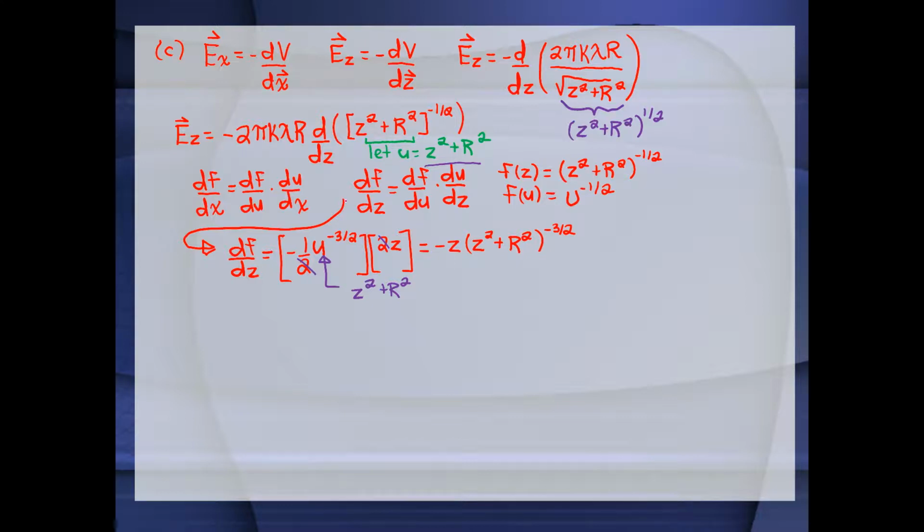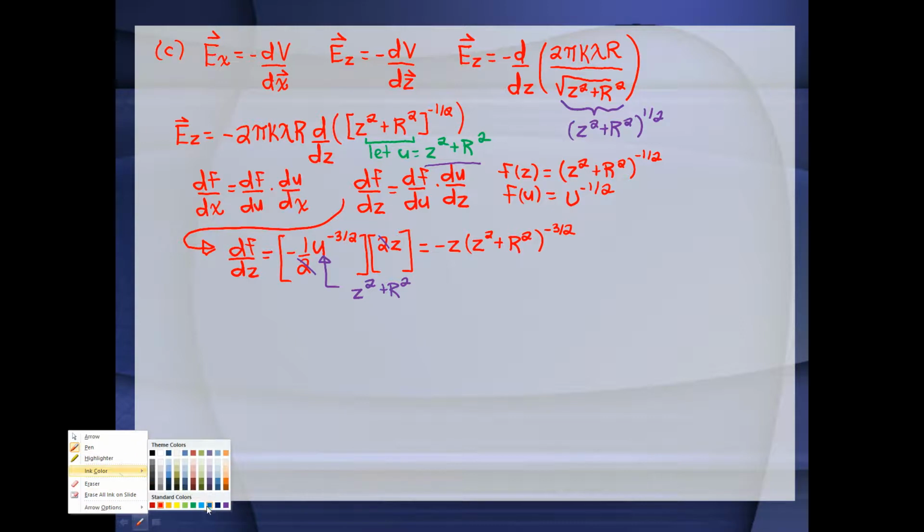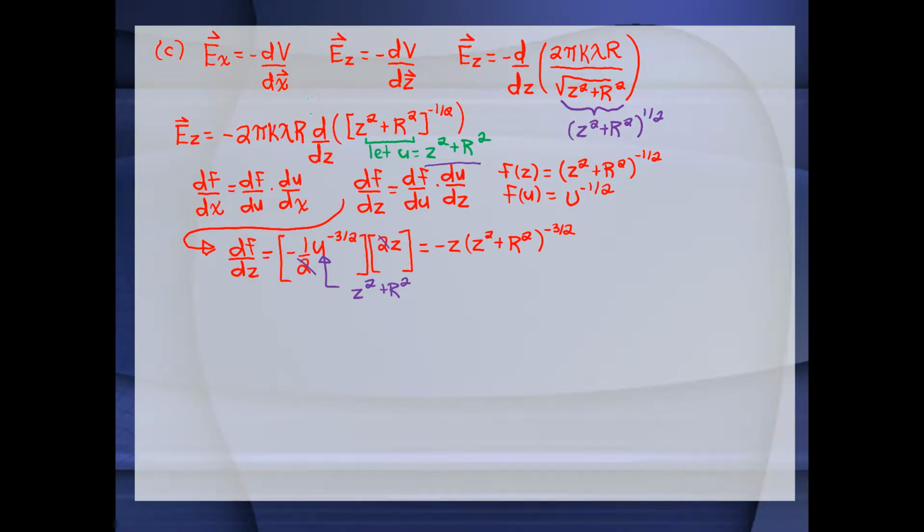And so I can now replace, so let's go to a different ink color. So this is the derivative I'm trying to figure out here, this whole thing. So now my electric field equation, I'm just going to replace everything in the blue box with everything in this box right here.